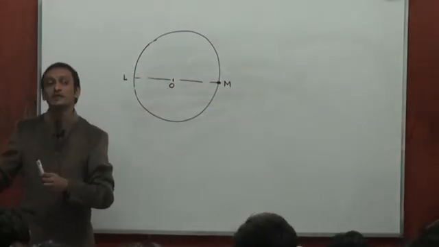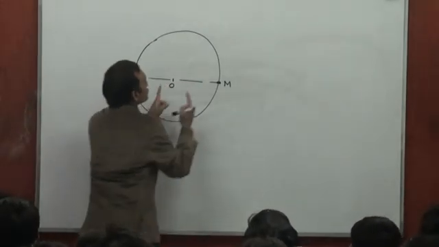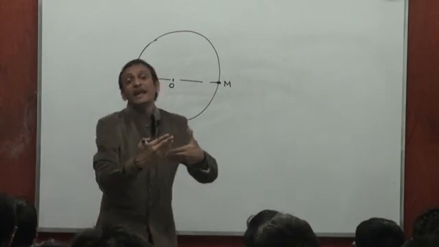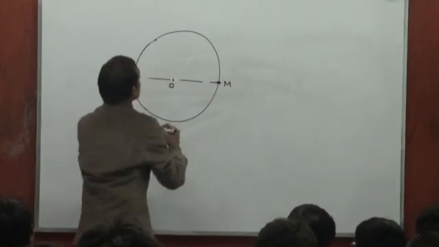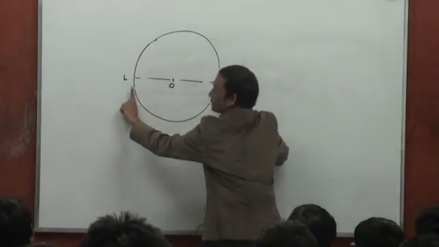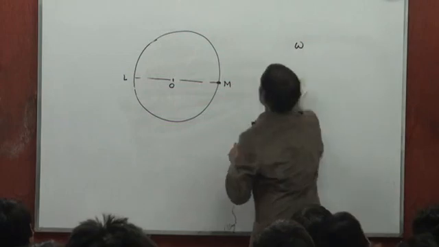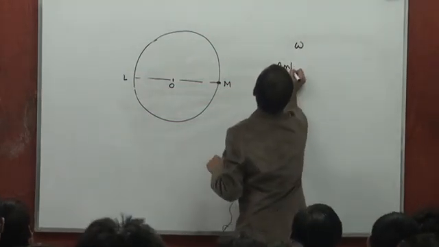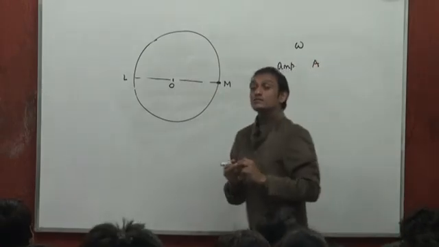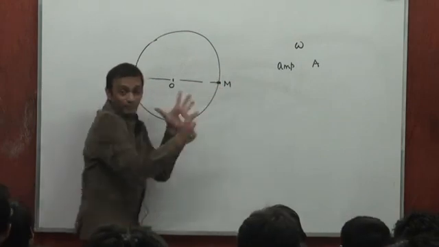And half LM must be the amplitude of oscillation. So we imagine a particle executing simple harmonic motion with angular frequency omega and amplitude A, which is half LM, right?